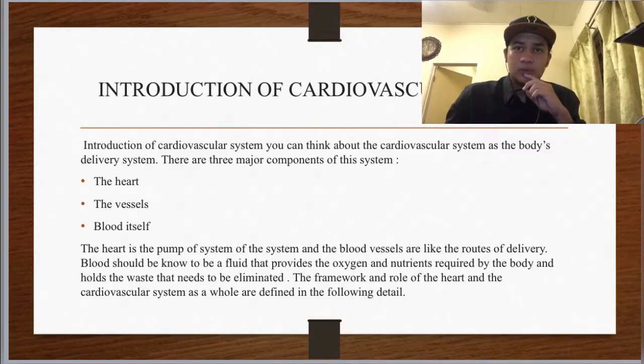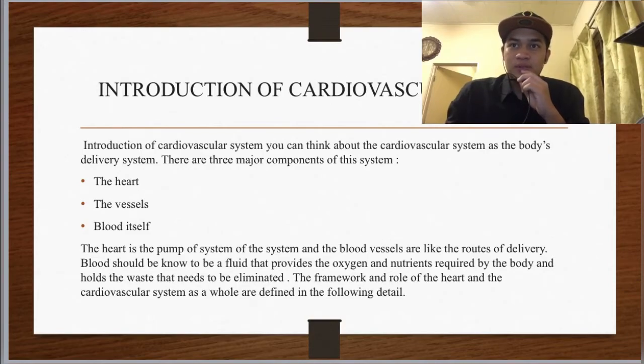Today I want to talk about the introduction of the cardiovascular system. If you think about the cardiovascular system as the body's delivery system, there are three major components of this system. The first one is the heart, the second is the vessels, and the last one is the blood itself.